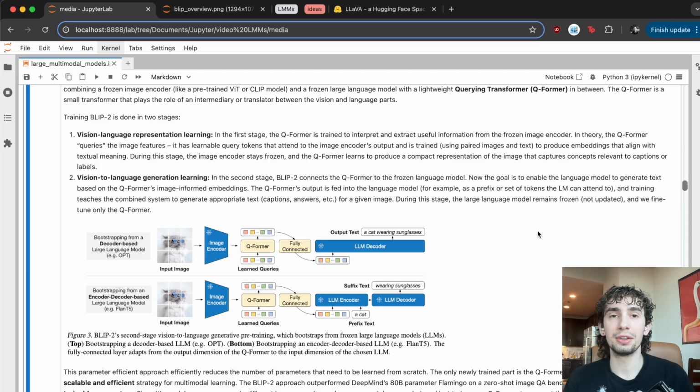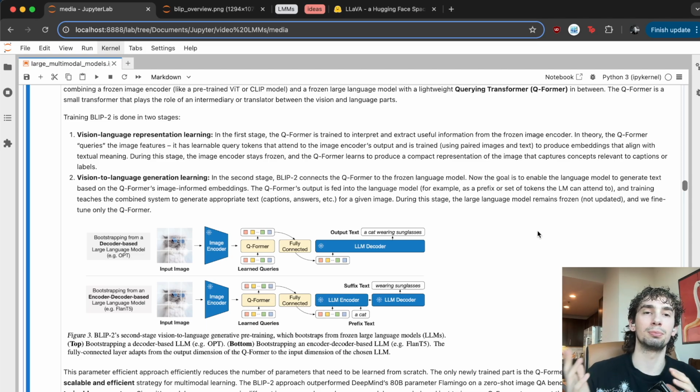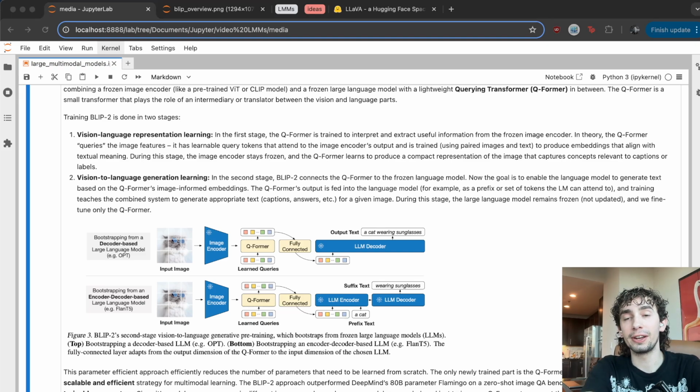And then it's trained using paired images and text to produce embeddings that align with textual meaning. So it's going to try and take the encoding from our frozen pre-trained image encoder and essentially produce a new encoding that is a compacted representation of the image that mostly tries to capture just the relevant information.